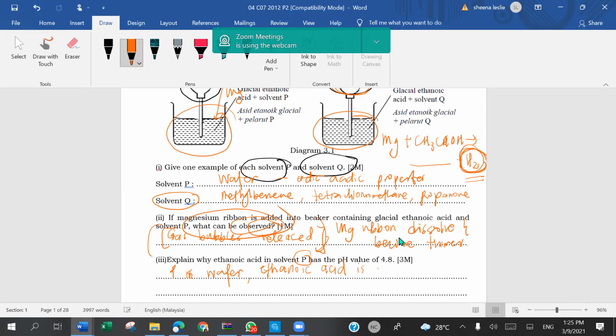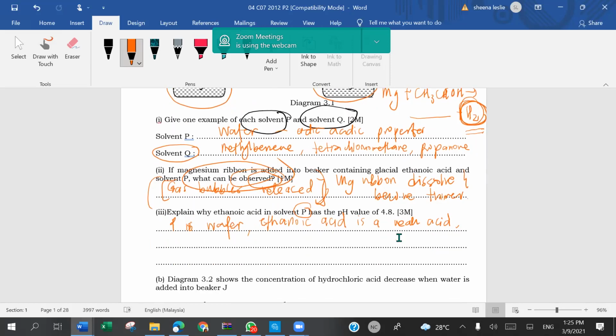It is a weak acid. Then what does it do? Ionizes partially in water. When it ionizes partially in water, what is my concentration of hydrogen ions? Lower concentration of hydrogen ions, to produce a lower concentration of hydrogen ions.